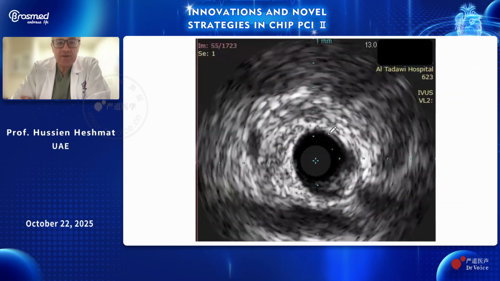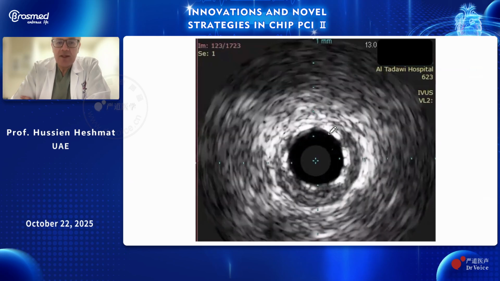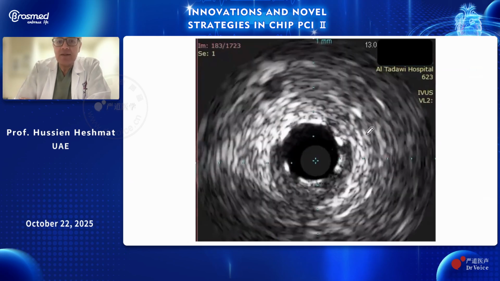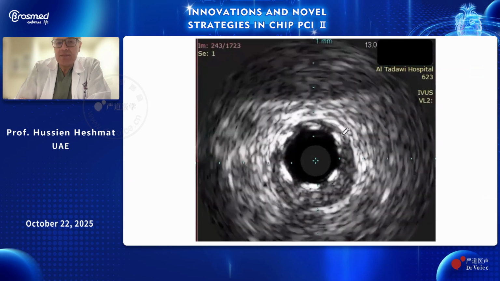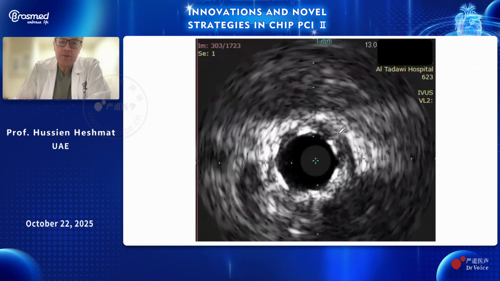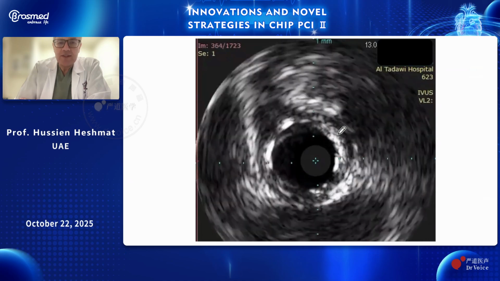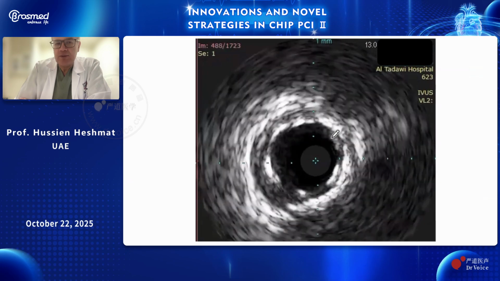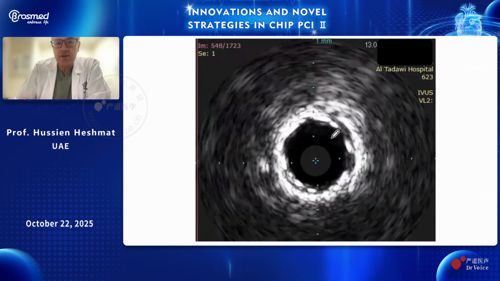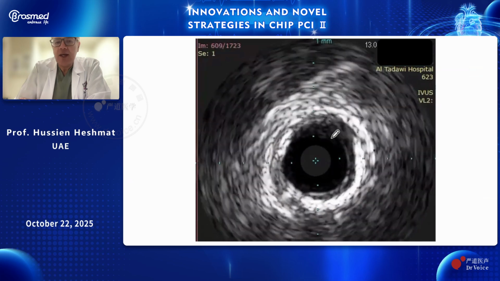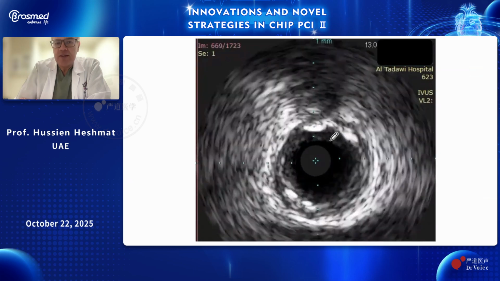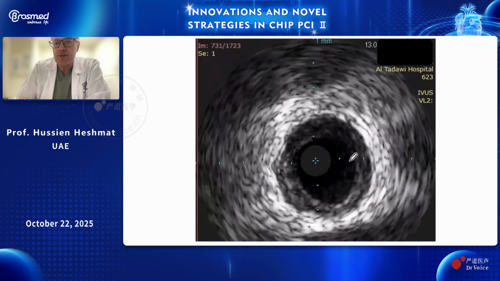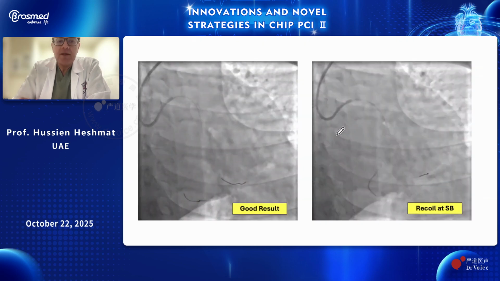We assessed the main vessel by IVUS again, and you'll probably notice here that we got some expansion of the stent, but more importantly, a significant improvement in the minimal lumen area compared to the pre-intervention IVUS pullback.